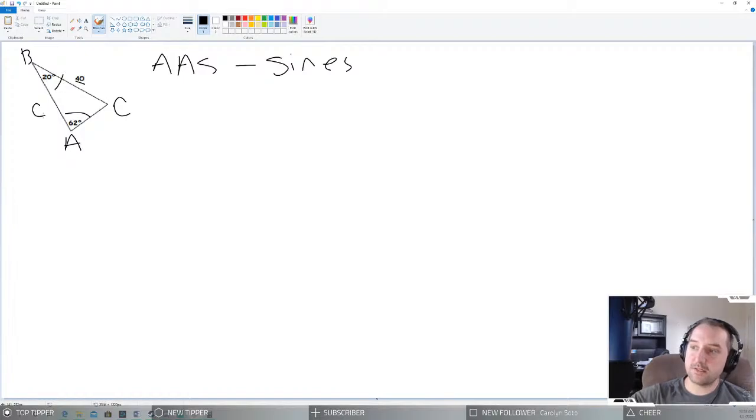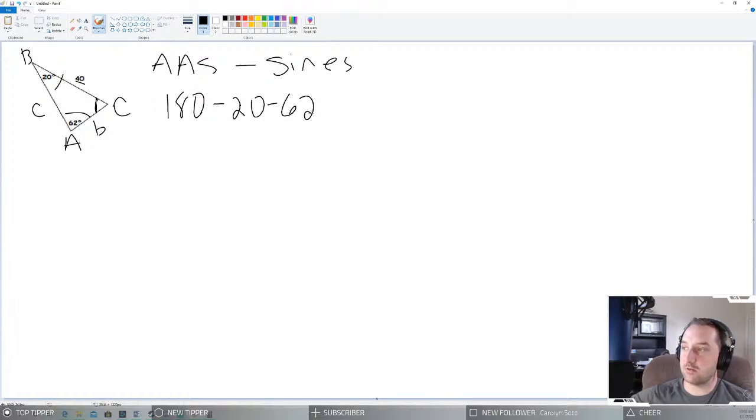I don't know what side B is. And to find angle C, I can do 180 minus 20 degrees minus 62 degrees. And so that's going to give us what, 98? So that's going to be 98 degrees.